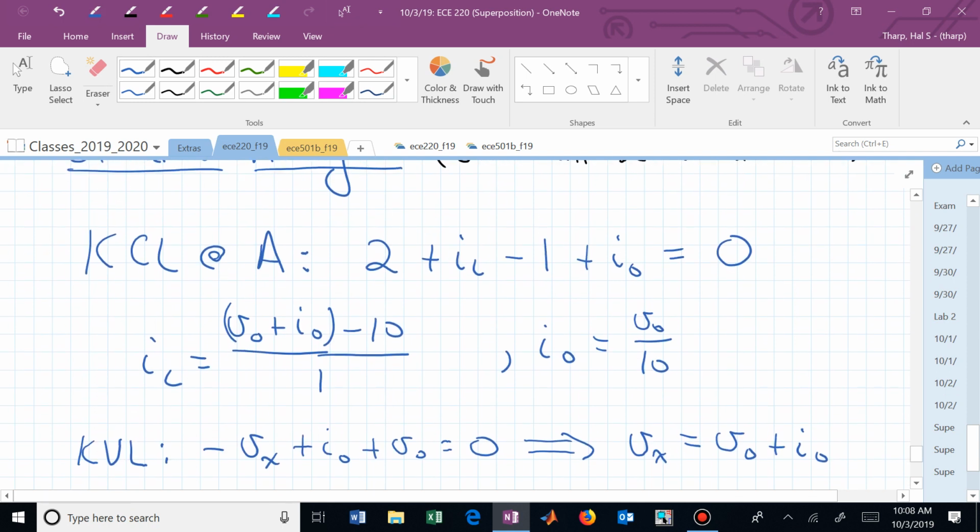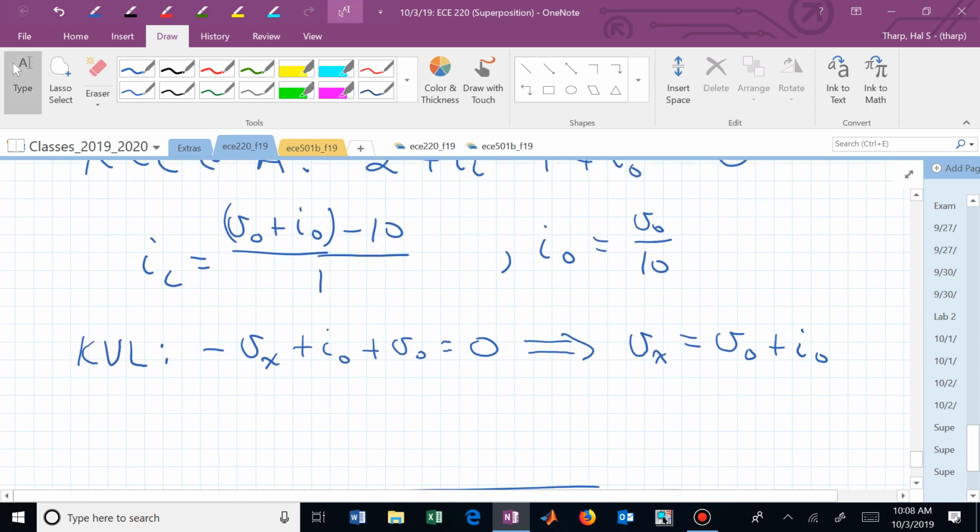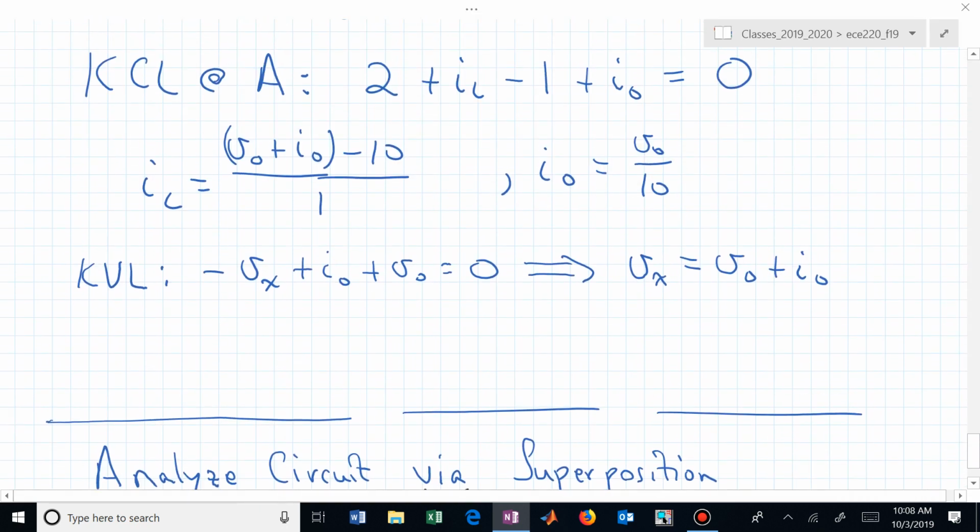If I put those things back into my KCL equation, I now have 2 plus V sub 0 plus V sub 0 over 10 minus 10 over 1 minus 1 plus V sub 0 over 10 is equal to 0.